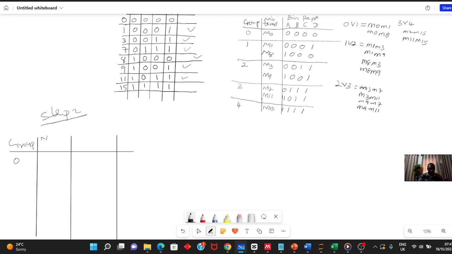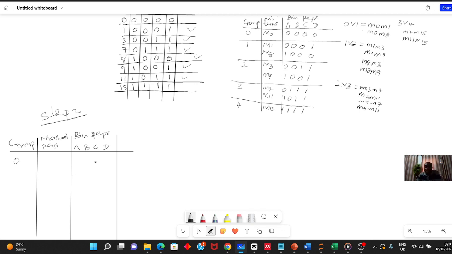The second column will have the matched pairs, and then the third column will form a binary representation in terms of the four variables a, b, c, and d. So let's see how that is being done.